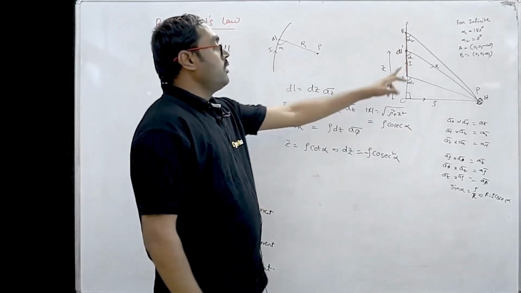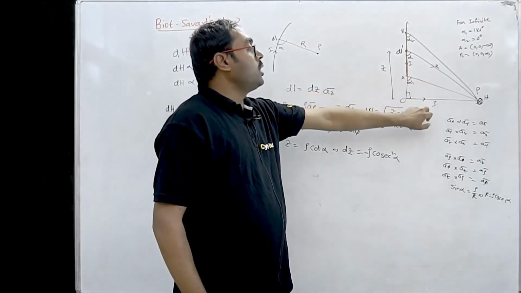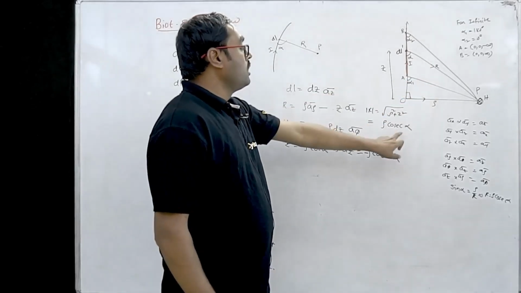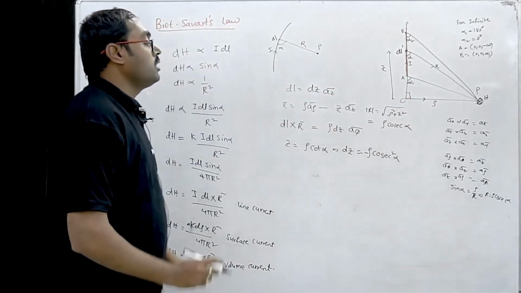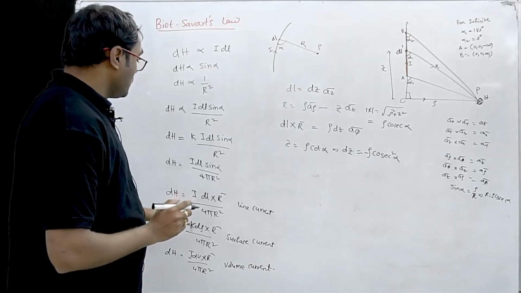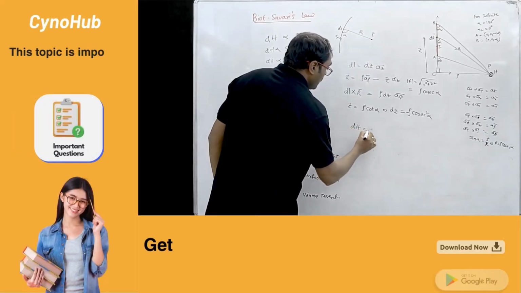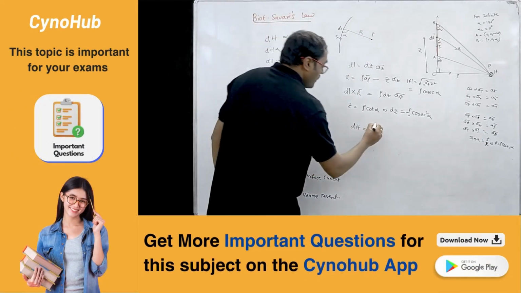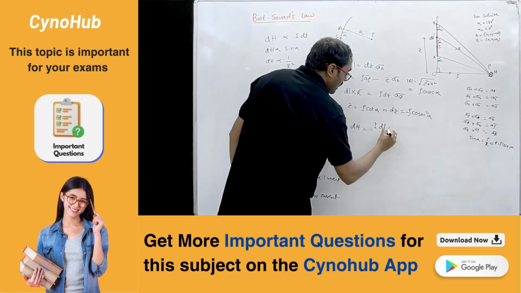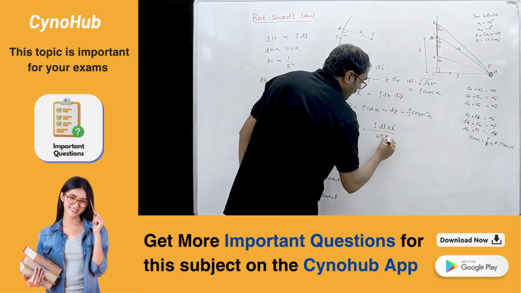Because sin alpha is equal to rho by r, so r is equal to rho cosecant alpha. We have to write all these things in the equation dh is equal to I dl cross r bar by 4 pi r square.